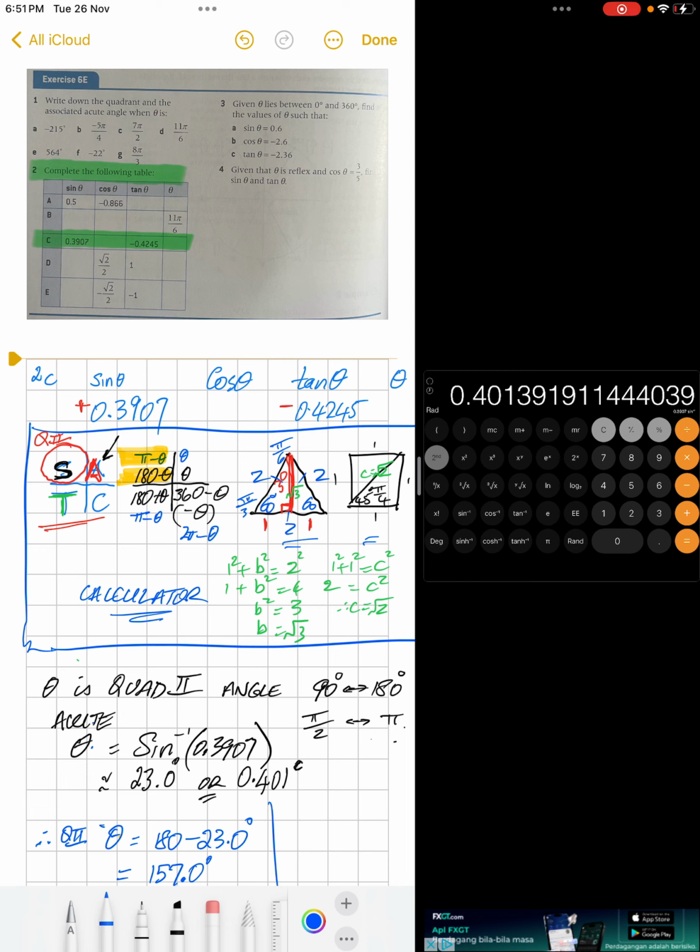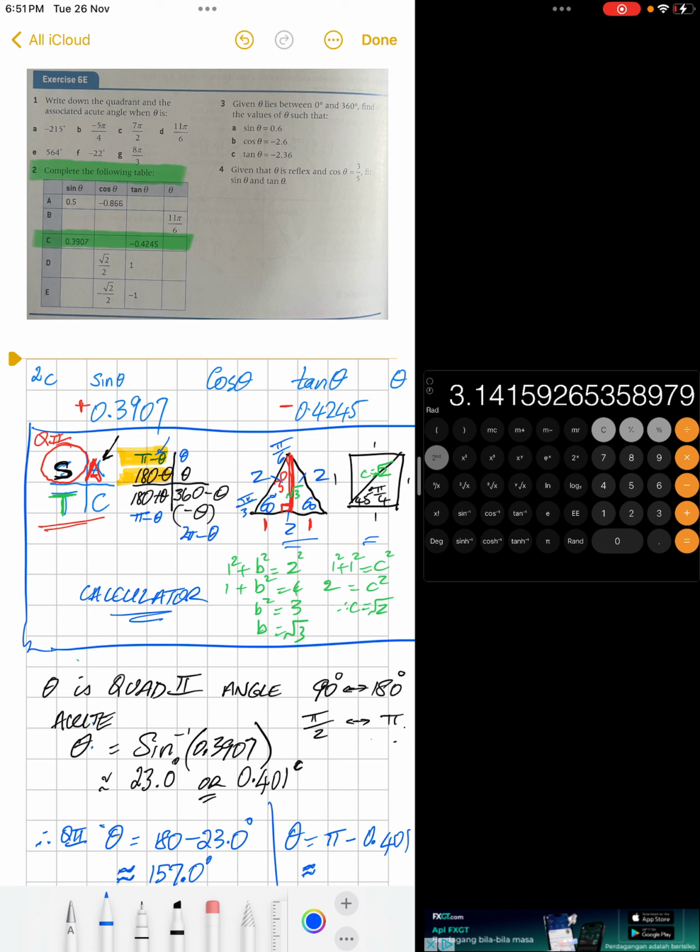That's if it's degrees, but if you want radians, we would use pi minus theta, which was 0.401. I'll use approximately here because it's not exact.